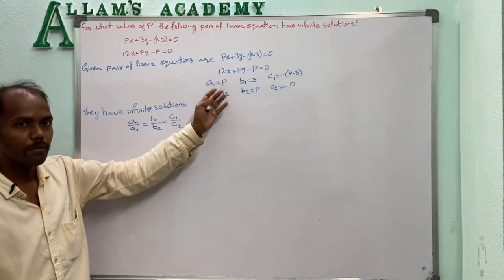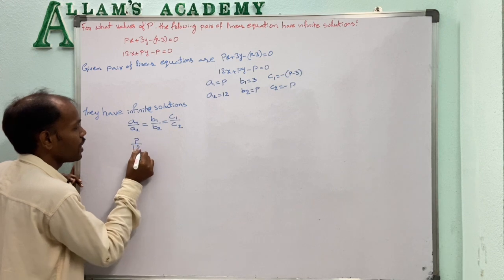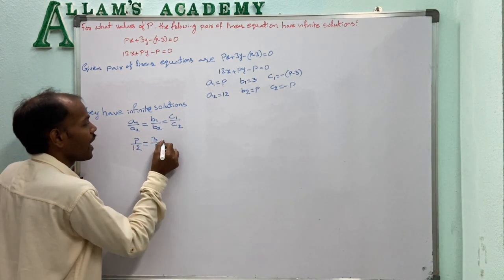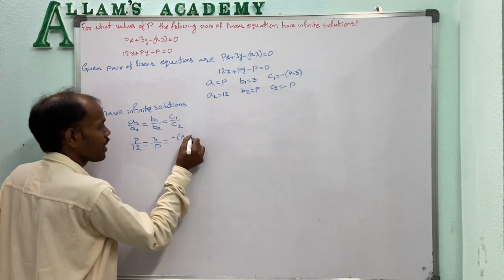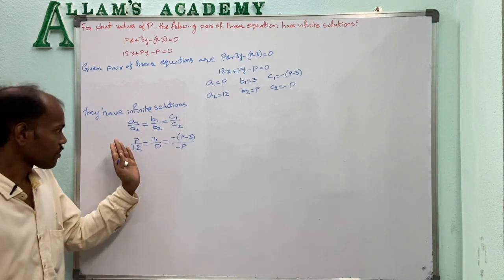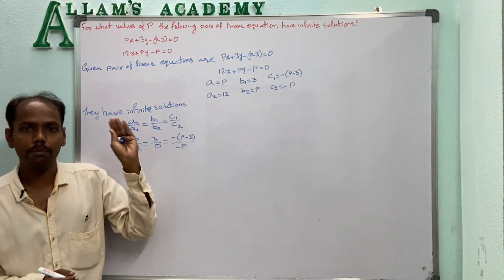Here a1 by a2 is p by 12, b1 by b2 equal to 3 by p, and c1 by c2 equal to minus (p by 2 minus 3) by minus p. Now if any two ratios are equalized, we get the p value.